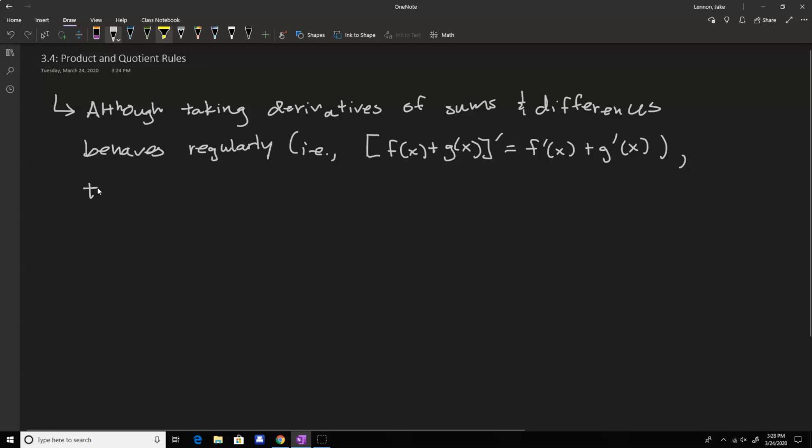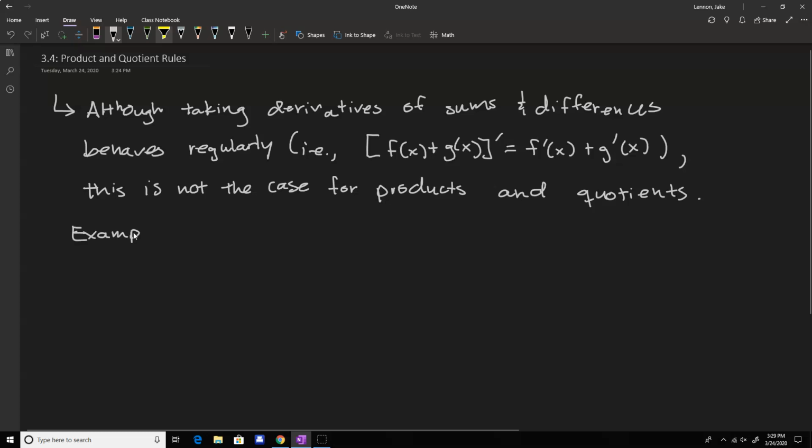But this is not the case for products and quotients. And we can see that with some basic polynomial examples. In fact, let's look at an example to see why that's not going to work.